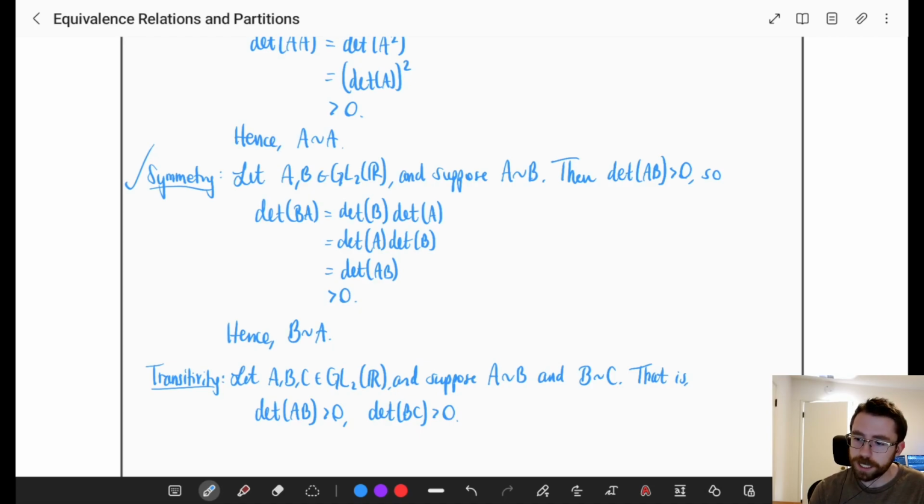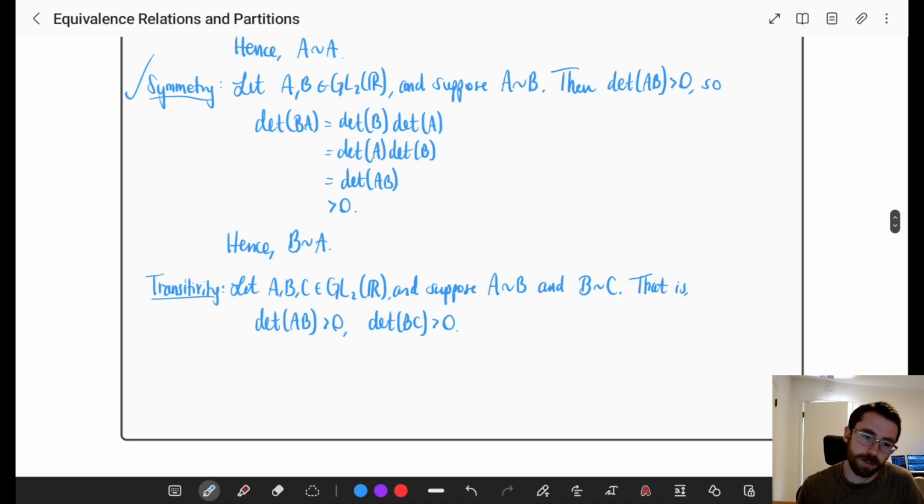I can think of a couple ideas, perhaps. One idea that comes to mind, and I didn't have this planned in advance, so we'll see if it works, is if I know something about AB, I know something about BC, and I want to link A to C, what if I just smash all those matrices together? AB, BC.